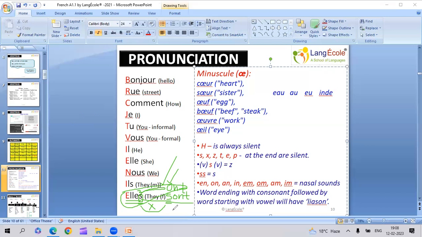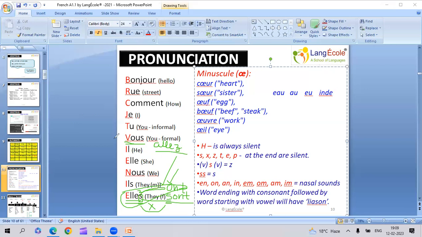Getting it? Now, similarly, let's take this example. Vous avez. Let's see. Vous avez, where avez is another word, which means have. It's a verb.